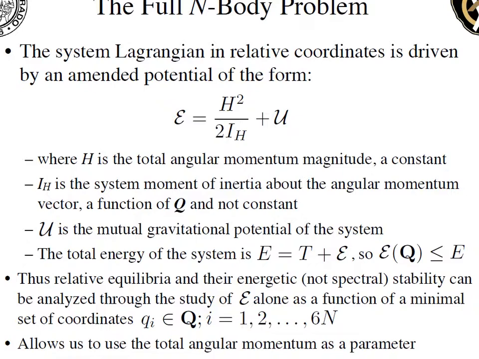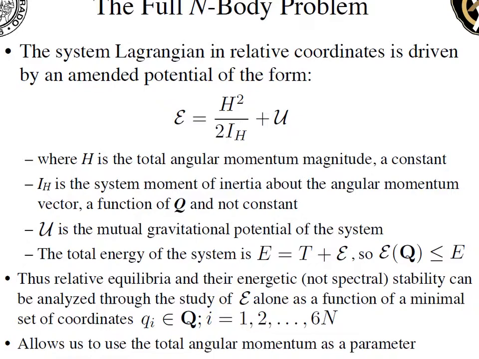U is the mutual gravitational potential of the system, which can be complex in some cases. And then the total energy of the system is the kinetic plus this amended potential. From this, we have essentially a zero velocity result that this amended potential is a lower bound on the total energy of the system.